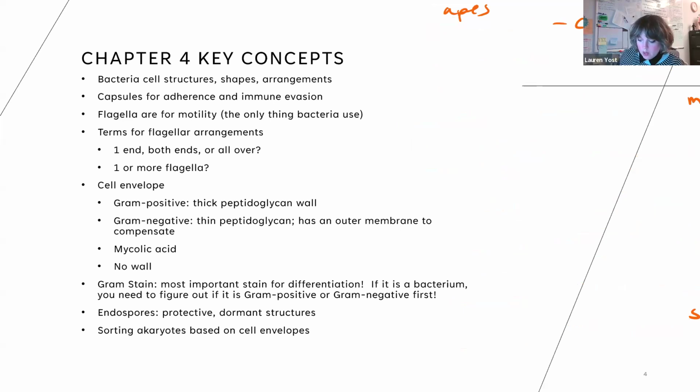All right, so moving on, talking about the structures of our cells now. I'm going to start with the general structure of the cell. All of our bacterial cells have an inner membrane called a cytoplasmic membrane.